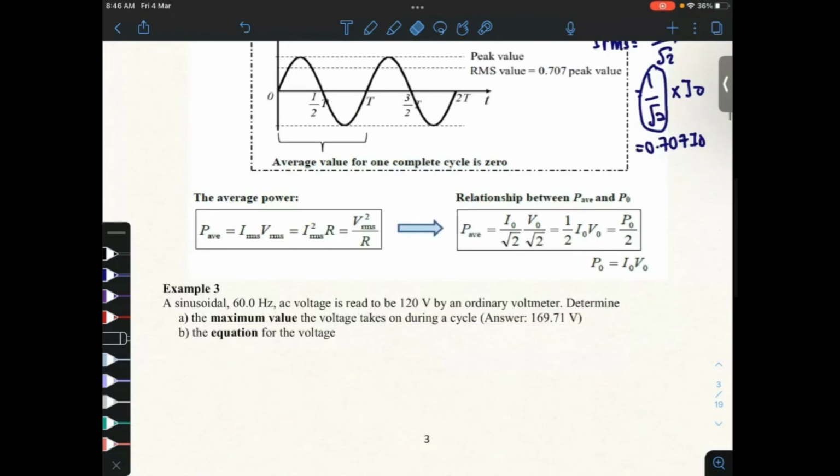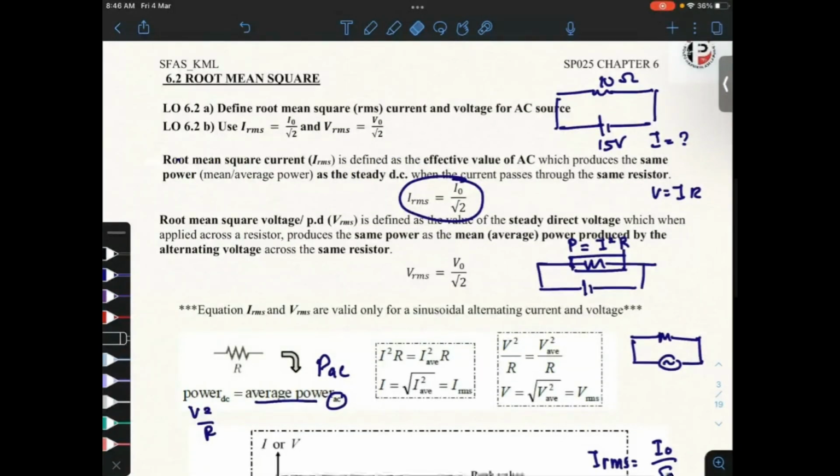Cuma yang akan nampak difficult sini adalah to understand the definition of root mean square sahajalah. Cuma what you have to faham dekat sini adalah untuk root mean square, kenapa kita introduce this root mean square adalah macam saya cakap, you cannot give a specific value for V ataupun I in a circuit dalam AC sebab dia constantly berubah. So we come up with a term to take the root mean square.